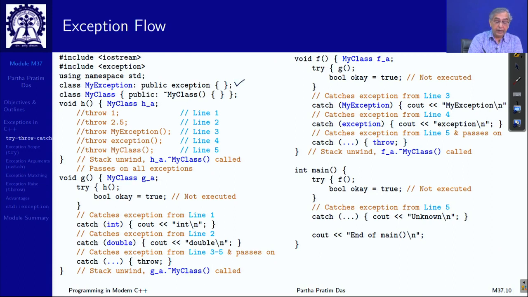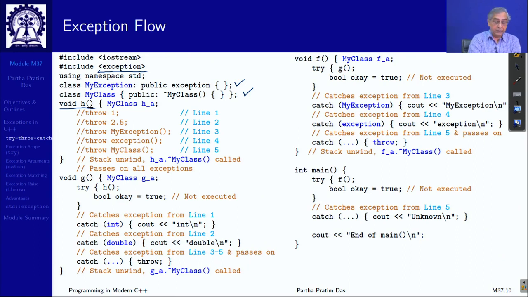I have my exception class derived from public exception, which is a standard library exception class. I have another class, my class, which is just to create objects. For simplicity I have not gone into member functions, I am just dealing with global functions.